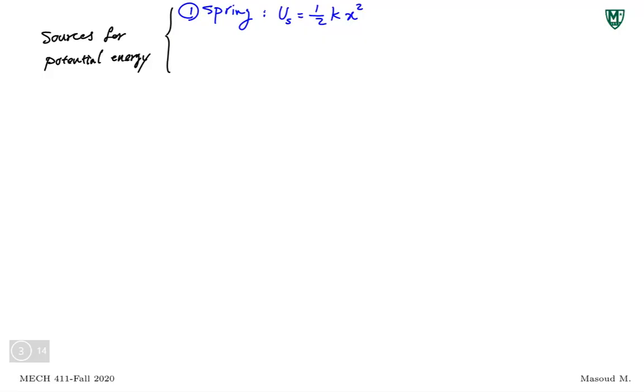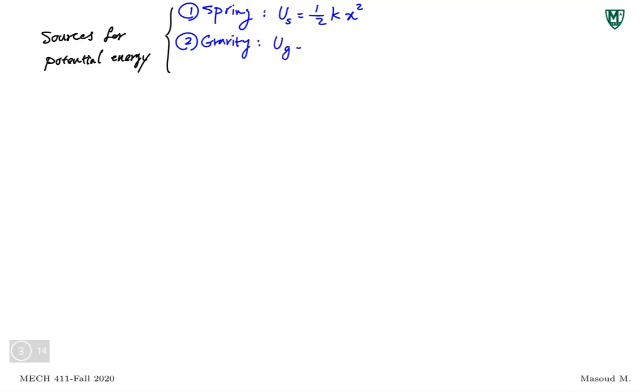The second one was gravity. You lift something up, and depending on how far you go from the ground or from its baseline, some potential energy is stored in that system. So that would be gravity.